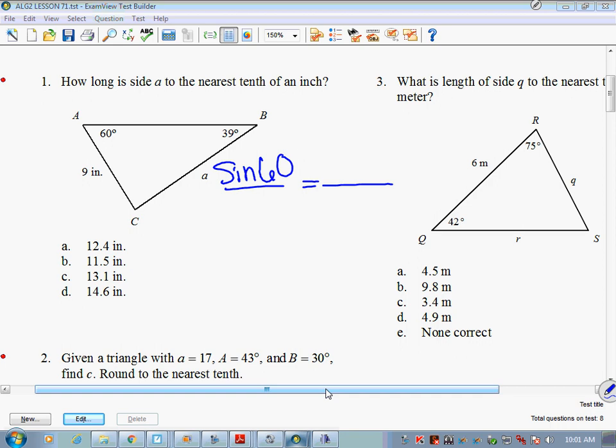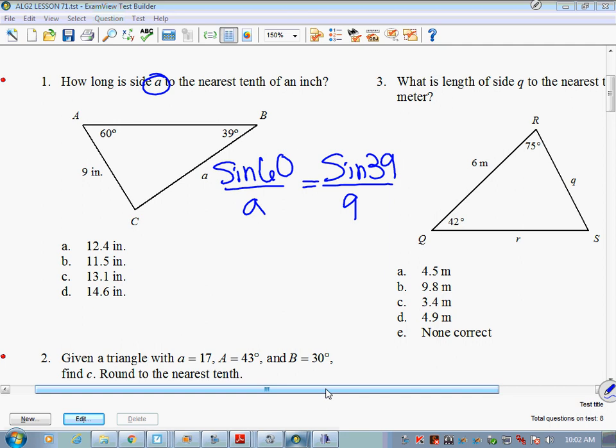A. Right? And A is what I'm trying to find. Okay, very good. All right, now what should go over here on the top right? Sine 39 over what? 9 inches, right? I need 3 parts to find the 4th part, right? Okay, so this is how we do it.